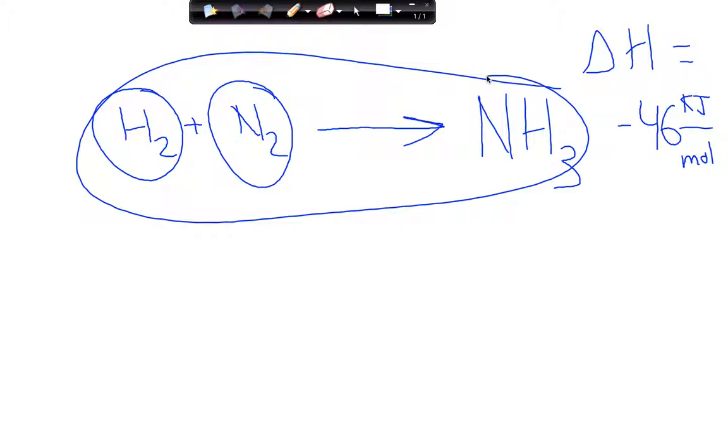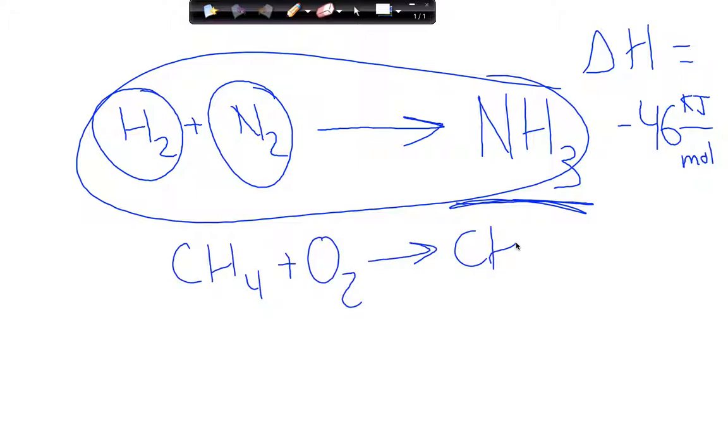Yeah? So I thought we did delta H, it wasn't in kilojoules per mole. It is now. And the reason is because this will always be 1 mole. Right? So for example, the thing that we looked at before, which was CH4 plus O2 yields CO2 and H2O. And when we balance one carbon, we need a 2, and then that's 4. So that was the one that we looked at previously.